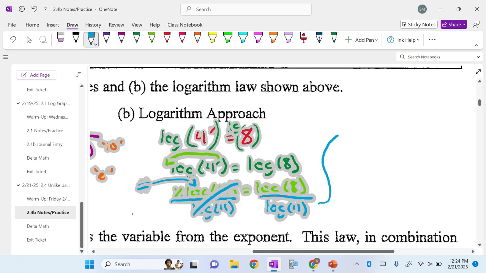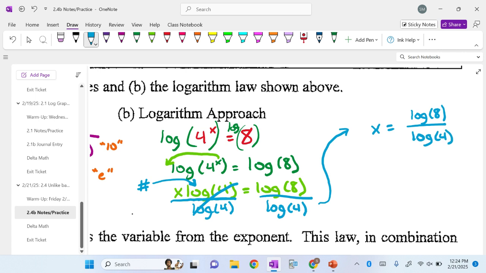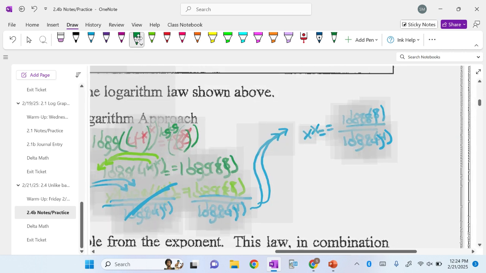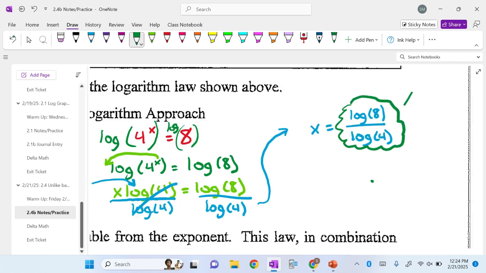And what we're left with is x is equal to log of 8 divided by log of 4. Now guess what? This is a number. The entirety of this is a singular number. So guess how we get it?